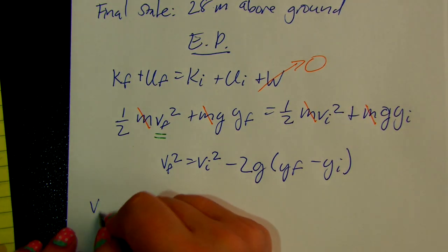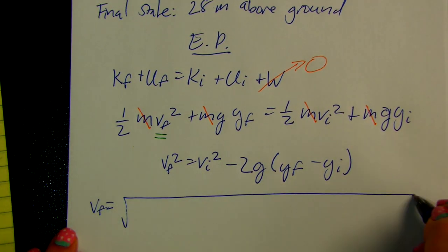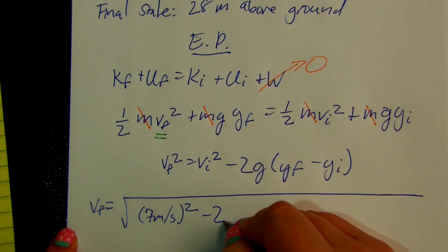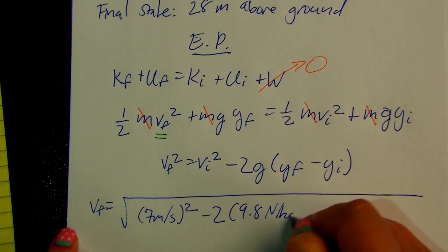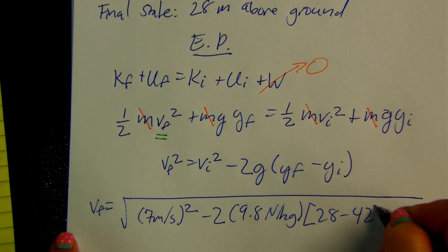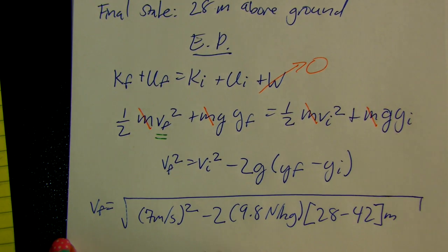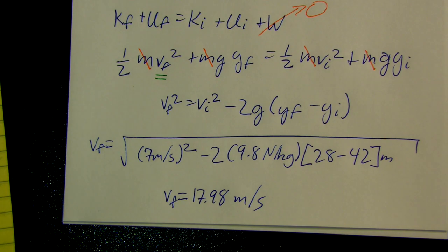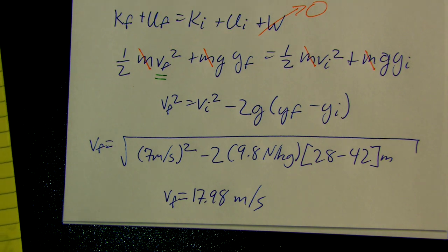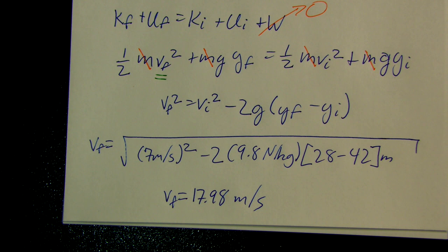And so V final is equal to the square root of 7 meters per second quantity squared minus 2 times 9.8 newtons per kilogram times 28 minus 42 meters. And V final is equal to 17.98 meters per second. Let me go ahead and show that to you. All right, so pretty straightforward on how to solve these types of problems. So I will end part 1 of Wednesday's lecture here and look for part 2.